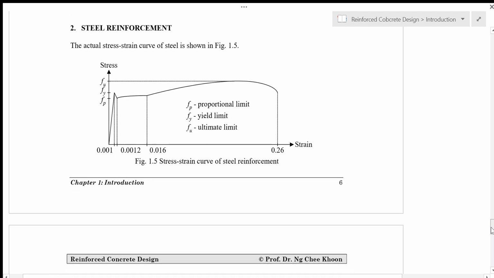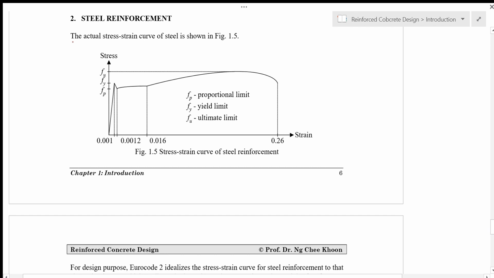And then for steel reinforcement, as seen in your first year materials lab as well, the steel stress strain curve is given by a linear part in the initial testing, and then you have necking of steel here, followed by the flat part here, and then it will slowly increase until the steel breaks over here.